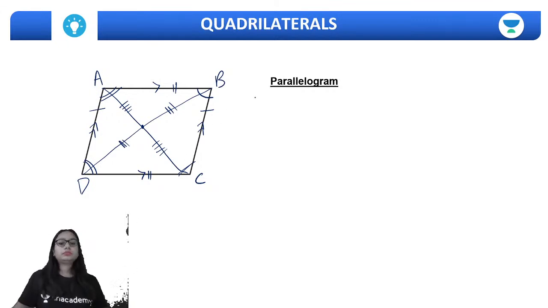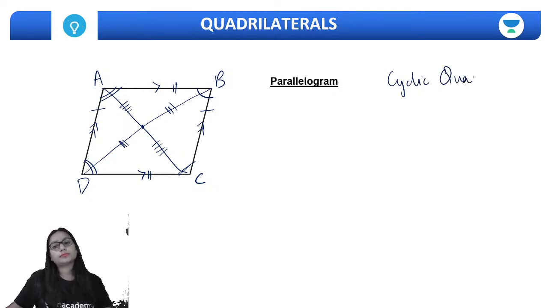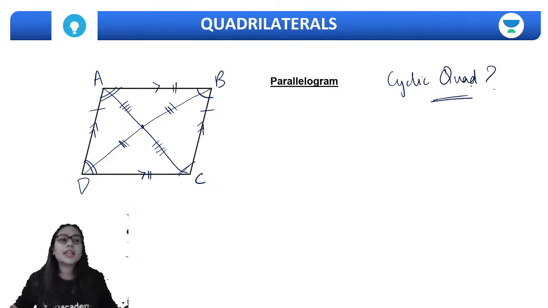Now, can you tell me whether a parallelogram is a cyclic quadrilateral or not? Just think and answer. Is a parallelogram a cyclic quadrilateral?